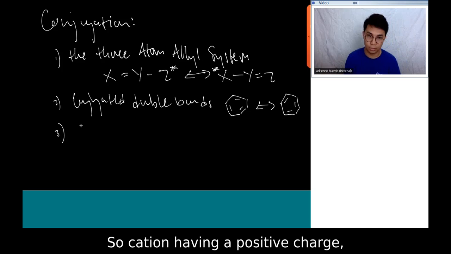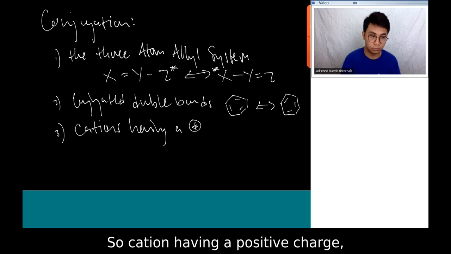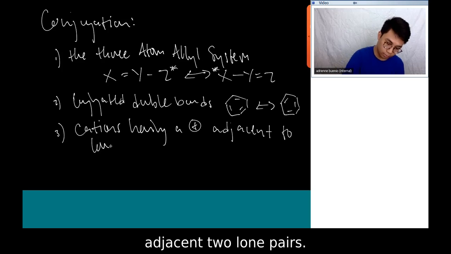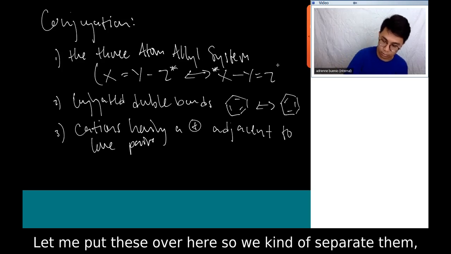So cations having a positive charge adjacent to lone pairs. So something like this. Let me put these in here so we can kind of separate them.